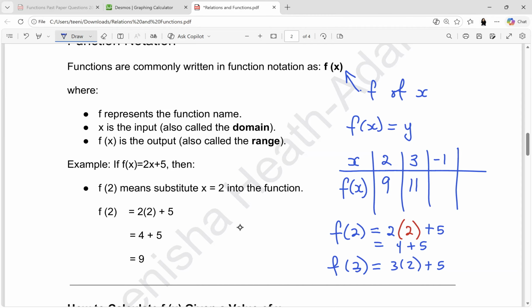Okay, so it will be f of negative 1 in the bracket, and then it would be equal... No, it's 2 times negative 1, plus 5. F of negative 1 is 2 times negative 1 plus 5.